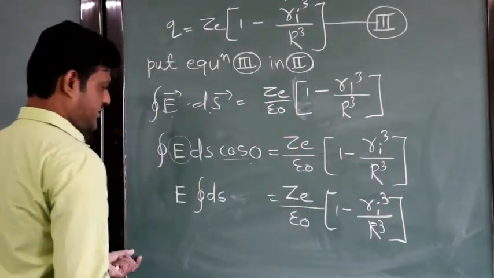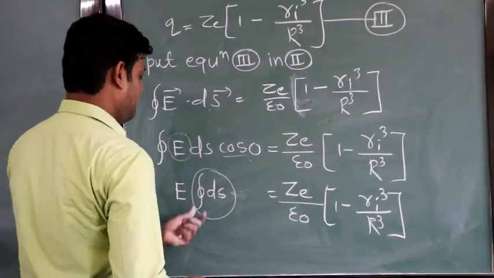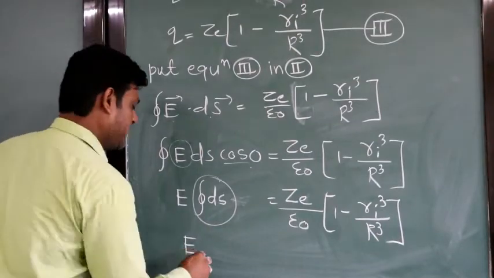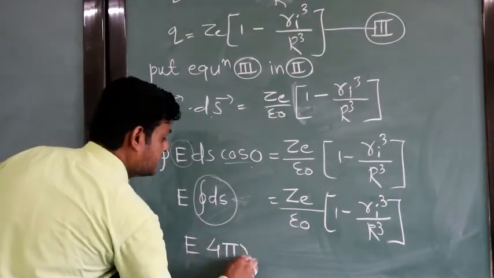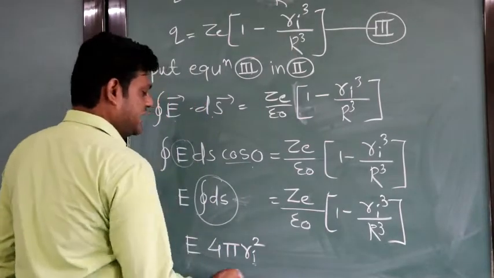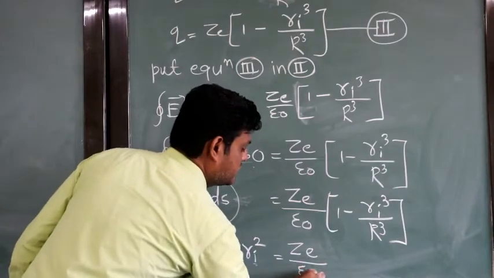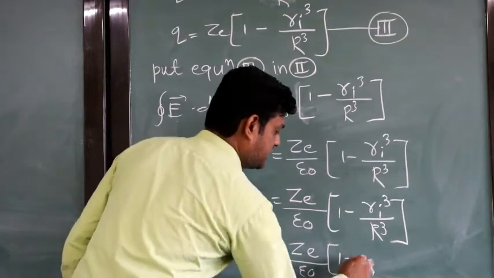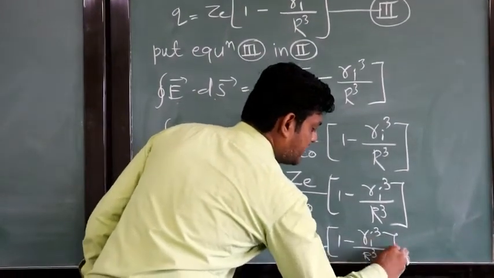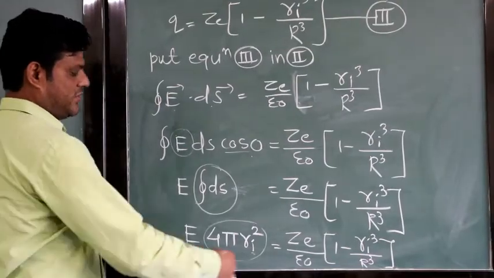The integration over the surface area gives the area of the Gaussian surface, 4 pi small ri square, because small ri is the radius of the Gaussian surface. So take this term on the other side.